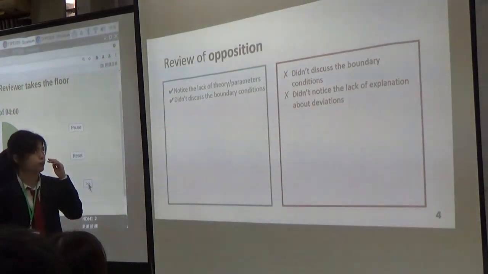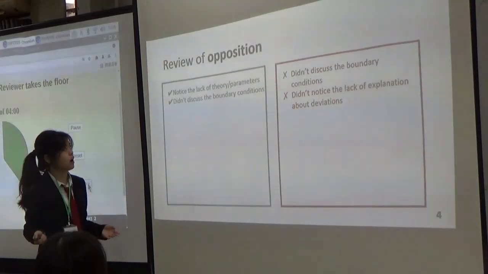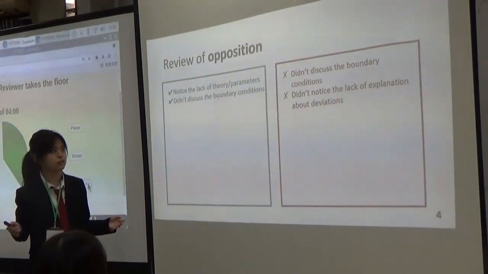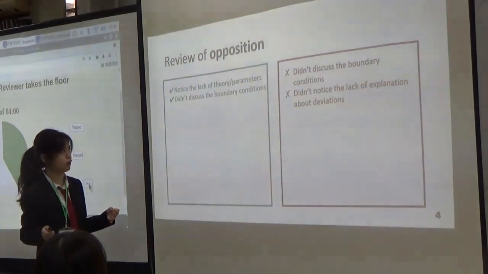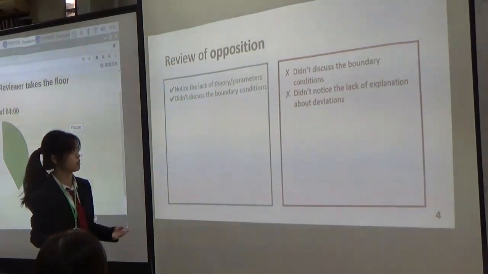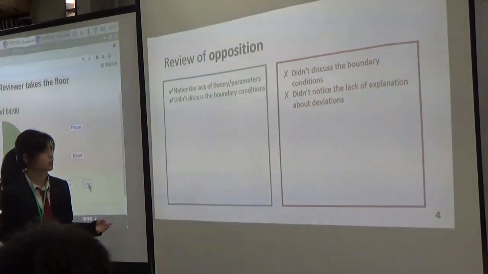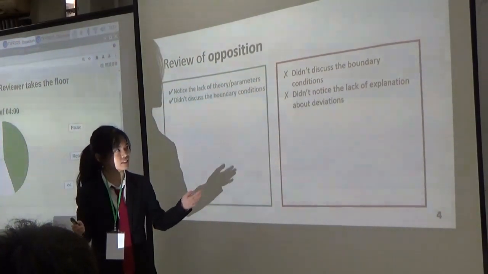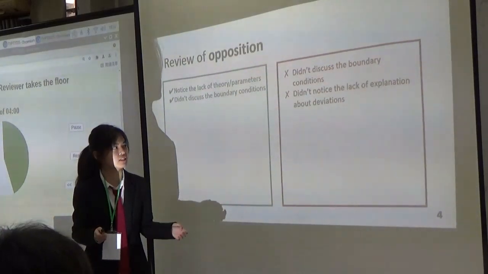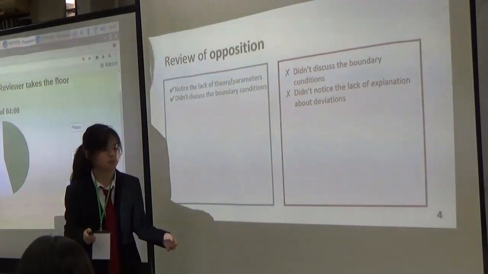And the review of the opposition, they did well on noticing the lack of analyzing, comparing the theory and the parameters, however, they didn't discuss the boundary conditions, and they didn't notice the lack of explanation about deviations.